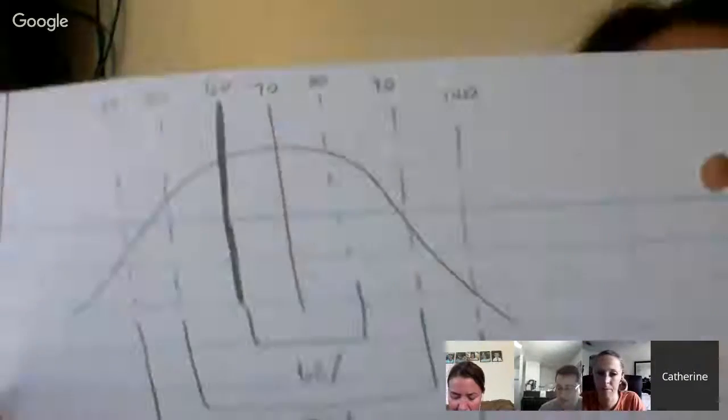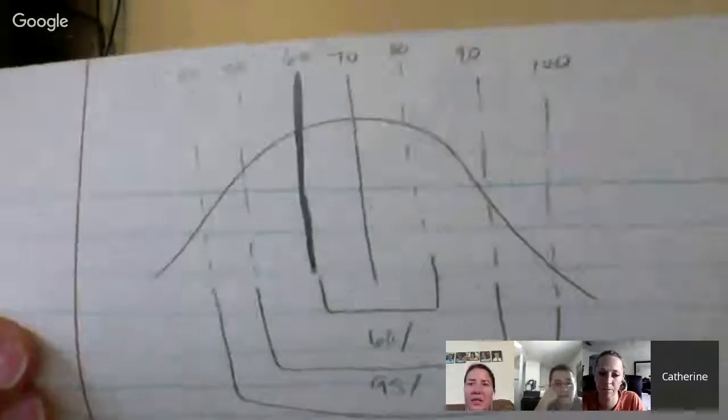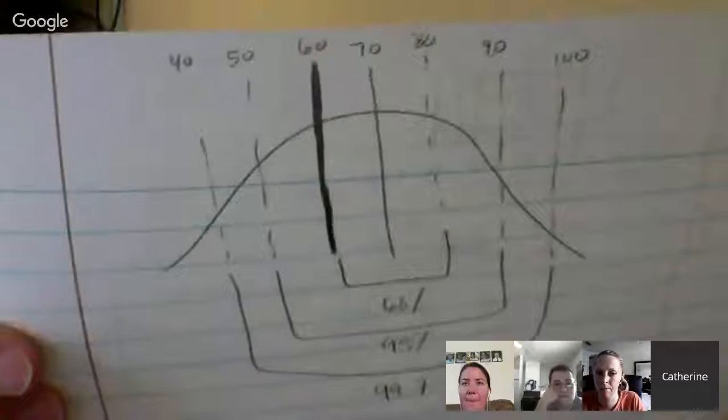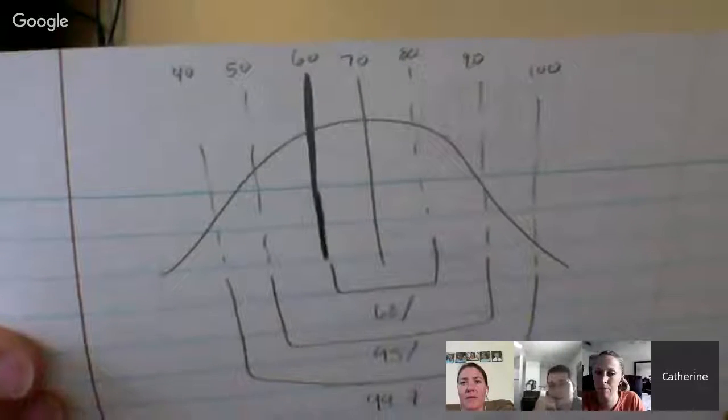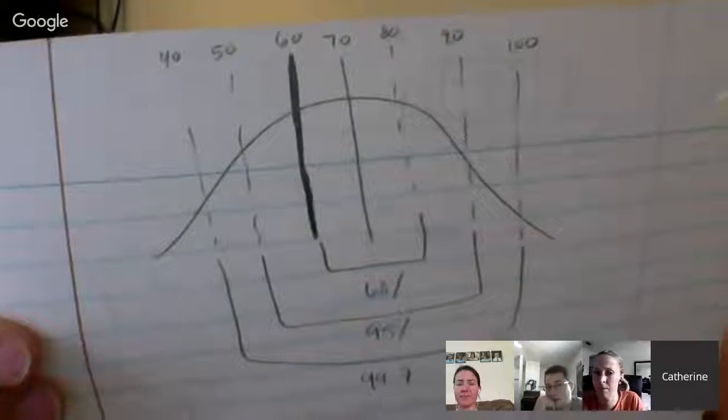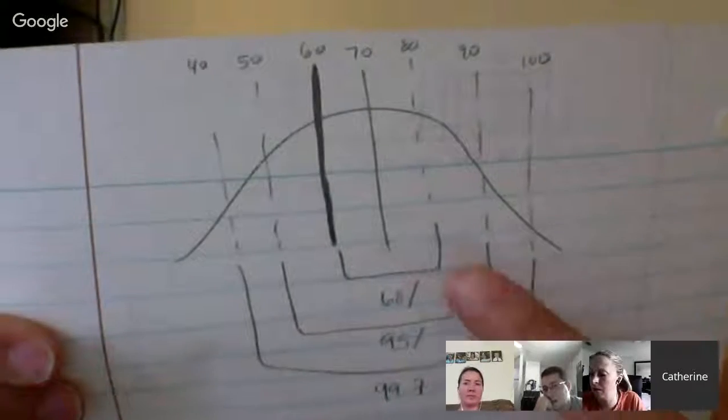Just taking the 70. Do you see that thick line? That thick line is the mean. That's where you want to start, the 70. The mean is the 70. The 60 is to the left of the 70, which is one standard deviation away from that.